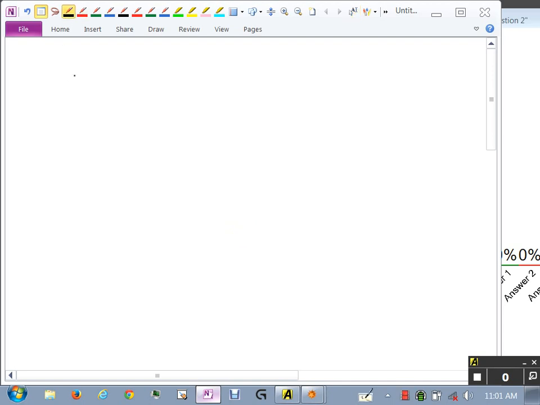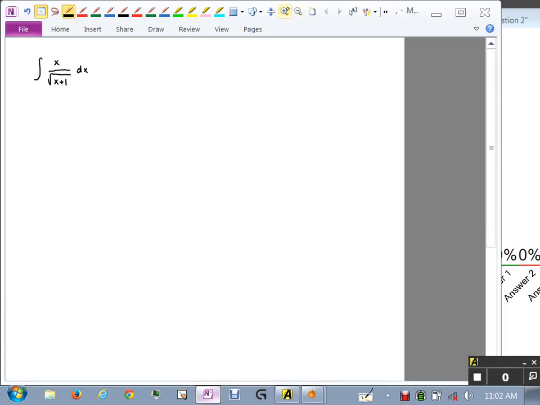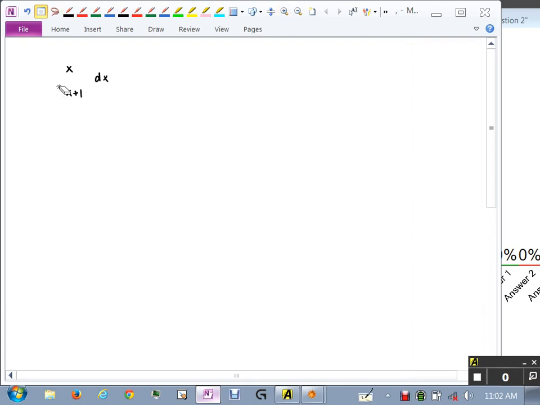Something like finding the antiderivative of x over the square root of x plus 1 dx. Let me rewrite that. Square root of x plus 1 on the bottom, dx.